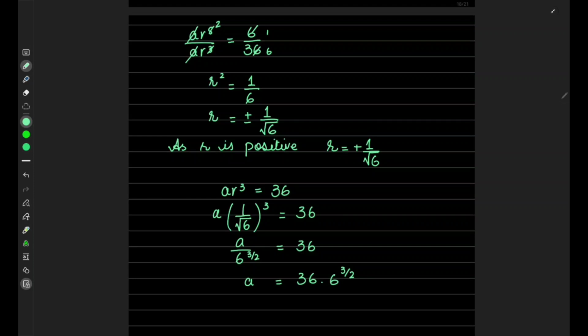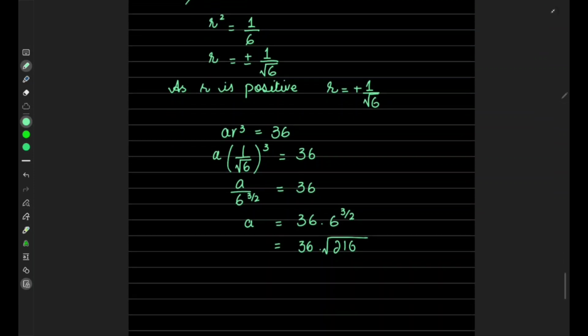You can do it directly with a calculator. 6 cubed is 216, so 216 under the root. And root 216 gives you 6 root 6, times 36. 36 times 6 is again 216.